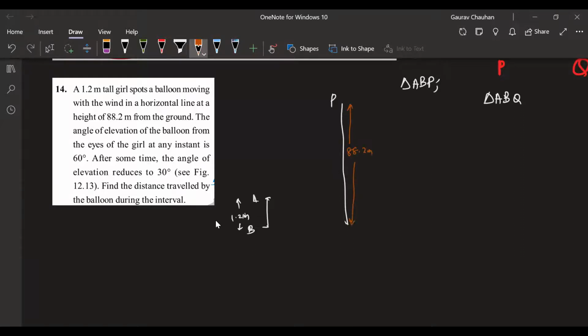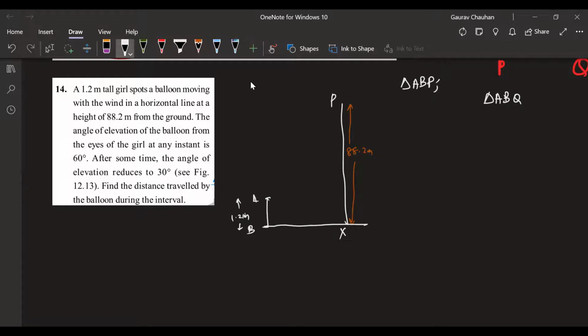The balloon is moving, but it's flowing at a constant height. It's not reducing its height or going up or down. It's just going sideways, because otherwise it would have been written. So the balloon, this PX, is moving at a height of 88.2 meter.